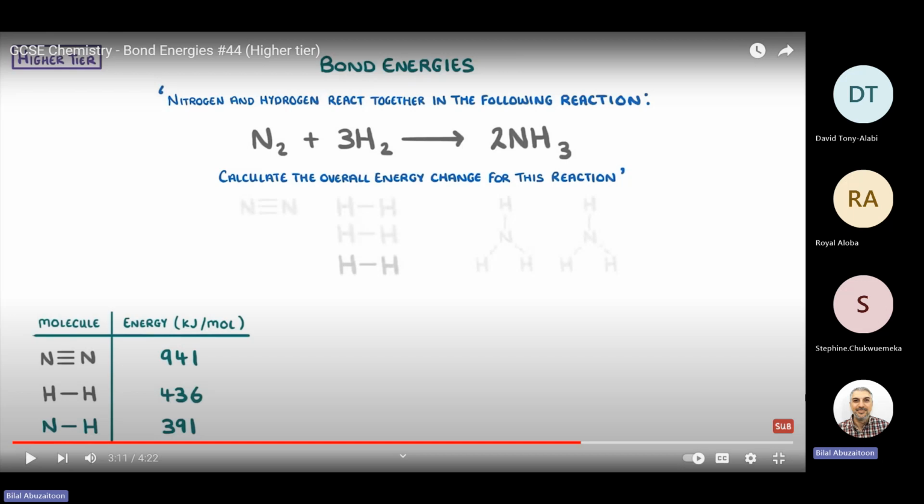To break three pencils, you need more energy than one pencil. If it's two pencils, it's in between, between single and triple, right? So obviously, when it's a triple bond, you should expect the energy needed to break it will be higher than single and double.